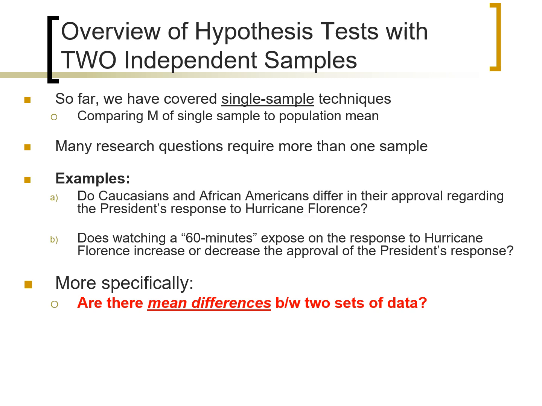When that happens, there's usually a public referendum on how effective the response was, whether it was affected by the president or the people the president had put in charge of FEMA and other relief organizations. And so we look at one group compared to another group.